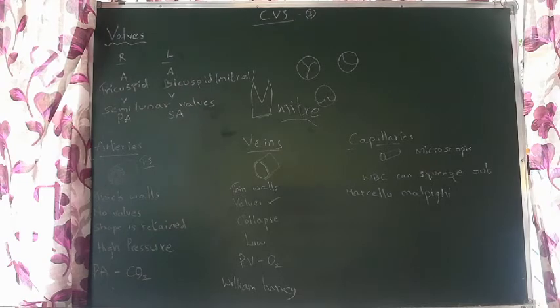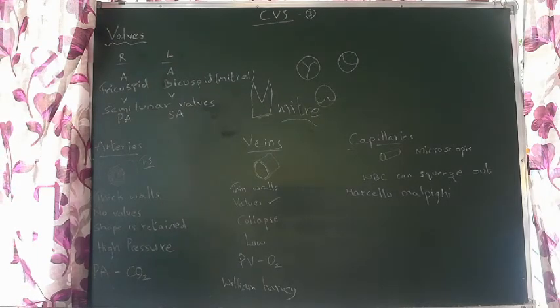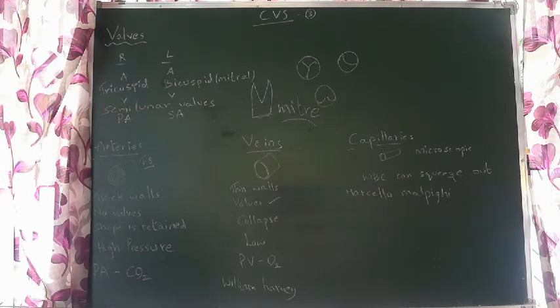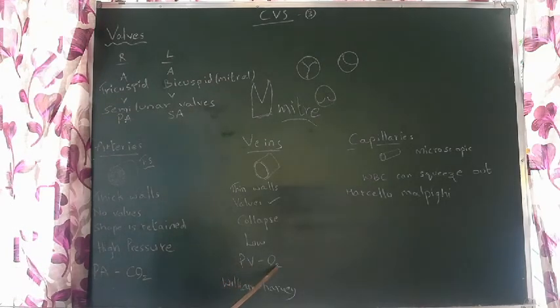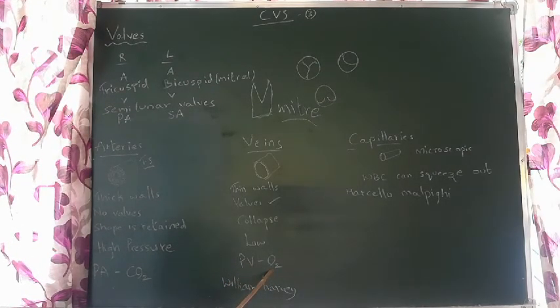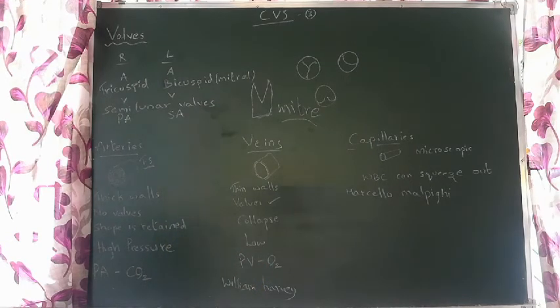When we breathe in fresh air, oxygen, that air enters the lungs, and from there the pulmonary vein carries that oxygenated blood to the heart to pump it throughout our body. So, veins in general carry deoxygenated blood except the pulmonary vein, which carries oxygenated blood. See here, pulmonary vein, O2, oxygen, blood filled with oxygen, oxygenated blood.